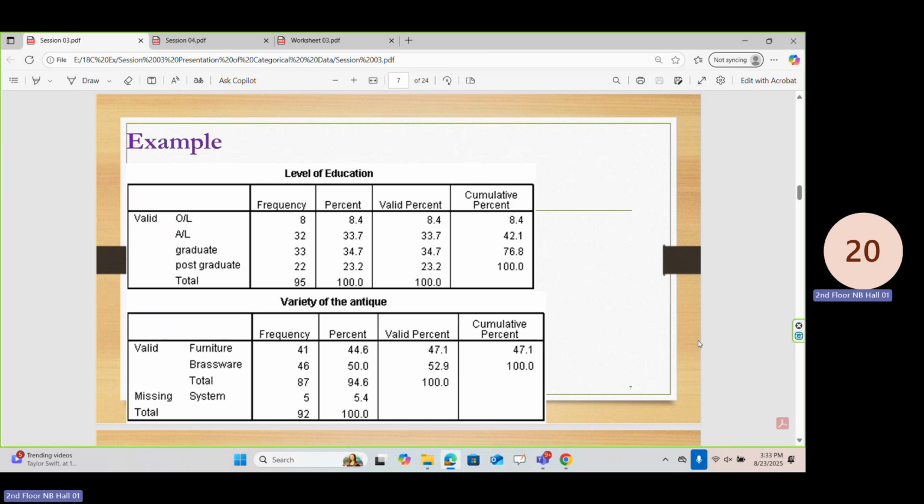The important thing is how we interpret this output. We do not need to make the tabulation manually. We can use software such as Excel to get the output. The important thing is how we interpret it.